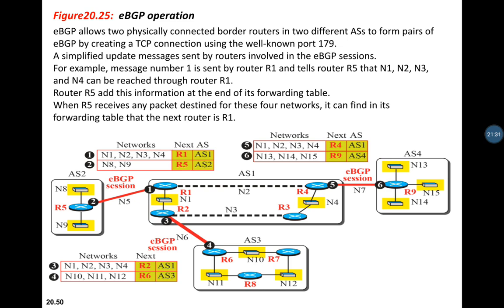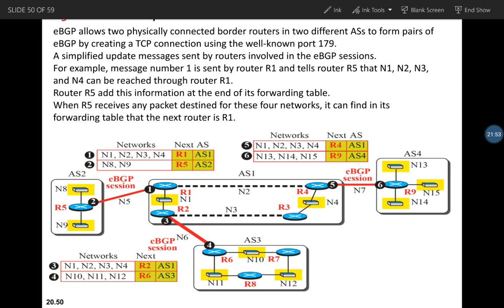So N1, N2, N3, N4 belong to AS1, and the next router is R2. Next, it also tells about N10, 11, 12. They are in AS3 and the router is R6, which is the border router. Similarly, the sixth one, N13, 14, 15, is in AS4 and the border router is R9. And similarly for the fifth one, N1, N2, N3, N4 are in AS1, and the border router is R4. That is about these tables.